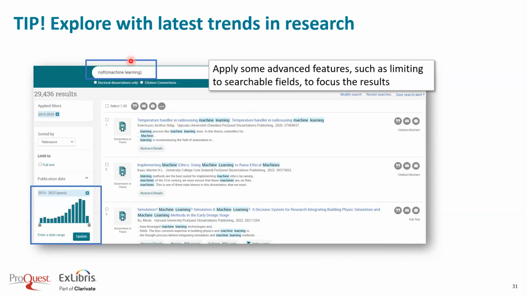Sometimes this can be used alternatively if you don't want to use just the abstract but want broader coverage, not full text. Okay, so this is machine learning. Of course, you want to see the last 10 years of the trend of what is being discussed, so you can use this platform to do a quick search.